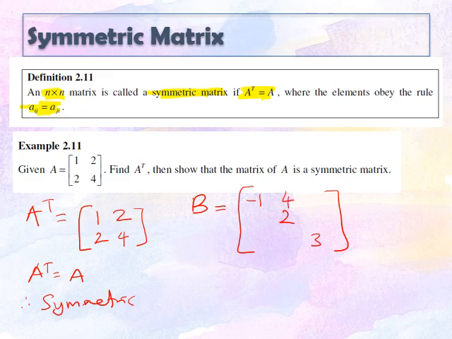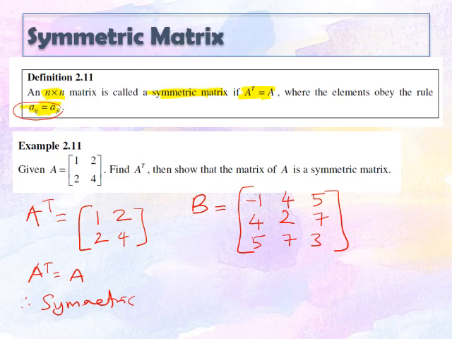So A21 must be equal to 4 too. Like this, only then can you say it's symmetric. And then A13, let's say we put 5, so A31 must also be equal to 5. And here A23 is equal to 7, for example, so A32 must also be equal to 7.